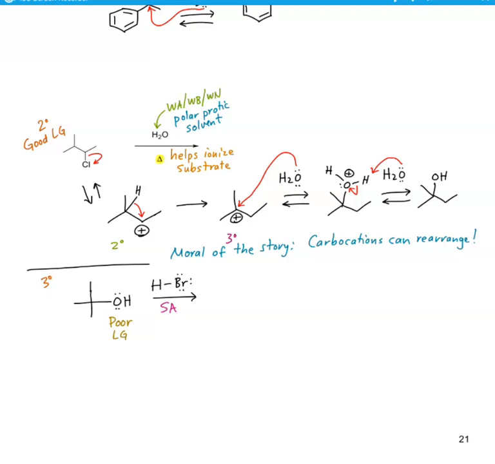And so the weak base that you have here, you have an alcohol. And you know that an alcohol is weakly basic. So the alcohol is going to accept a proton from HBr.